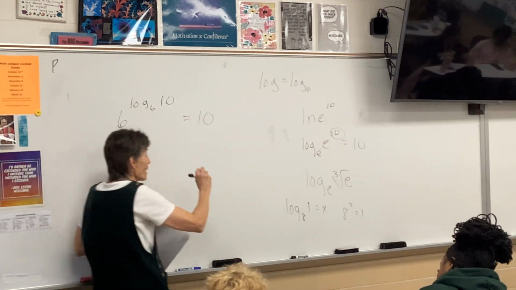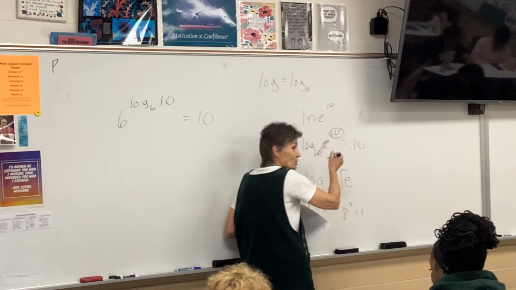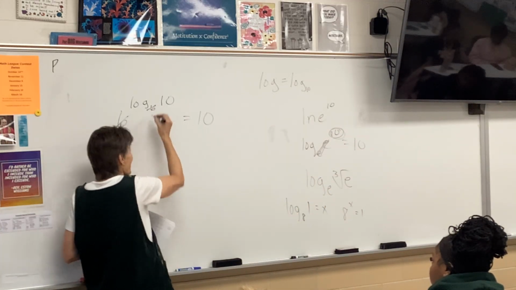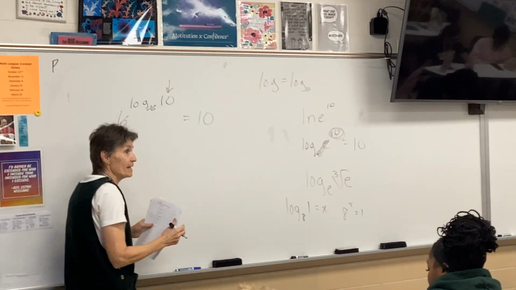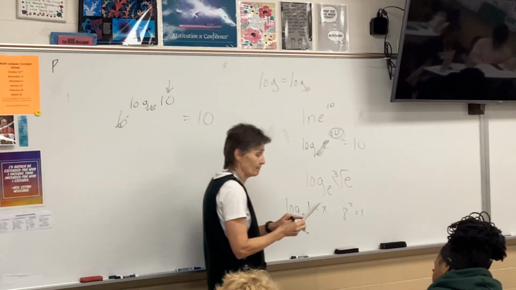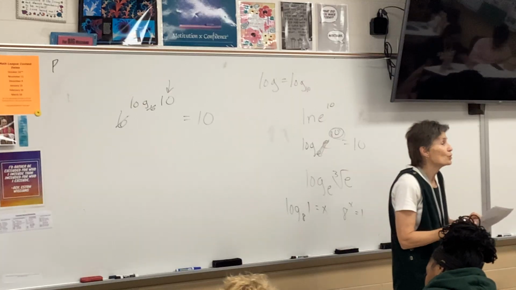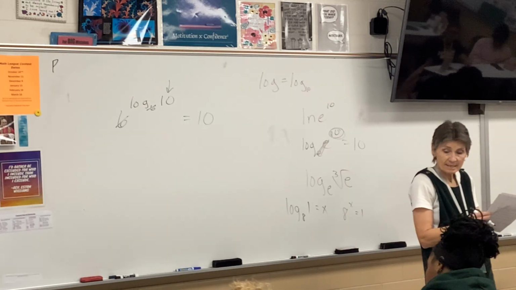Remember that property we have that says when these two match, the answer is just that? This is the same property, only these are the matches, and then that is the answer. So, what is the answer to 19? 2. You don't have to do any work. You just have to know that property. 19 is 2.